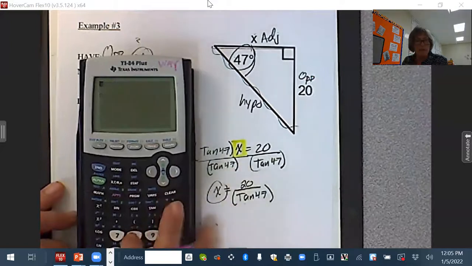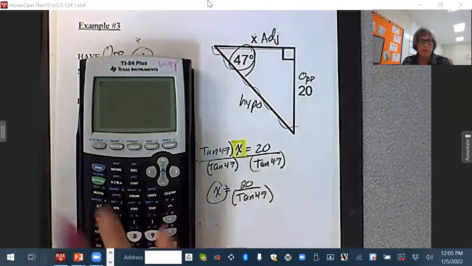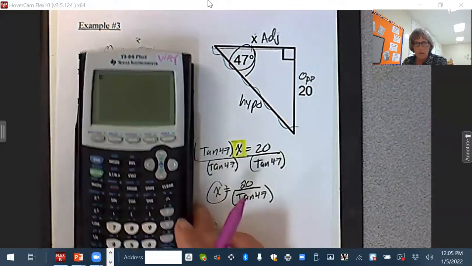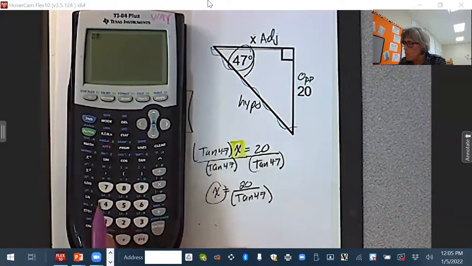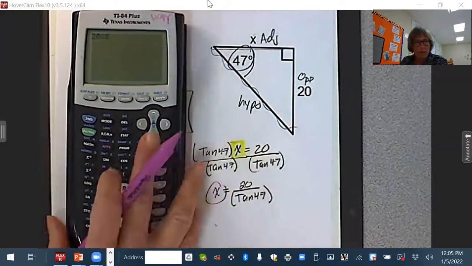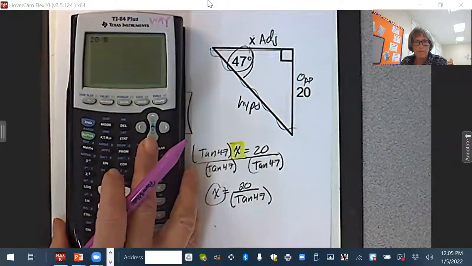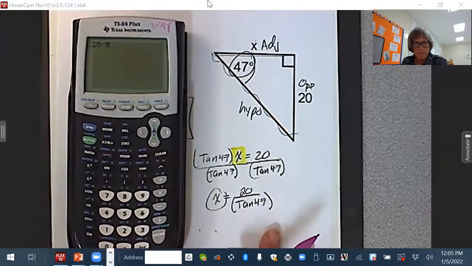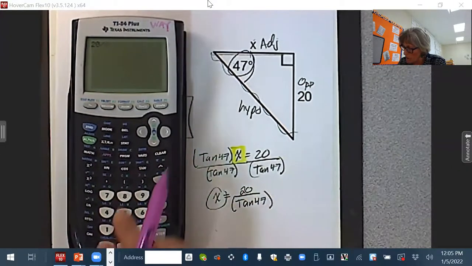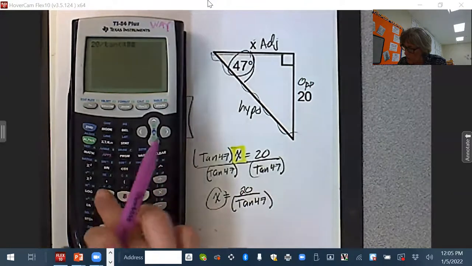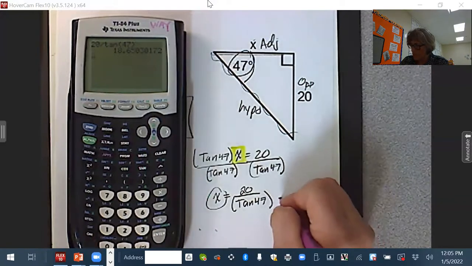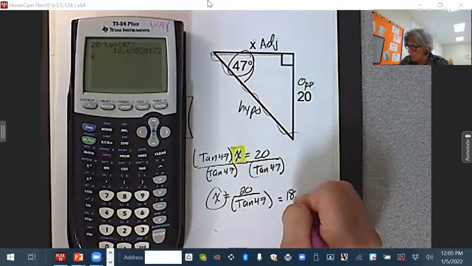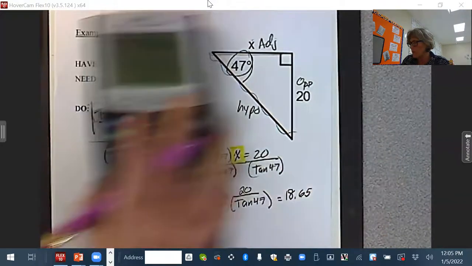Watch on a calculator. If you have this kind of calculator, you can follow with me now. So I first do 20 divided by tan of 47. So I go tangent 47, parentheses, enter. There it is. X equals 18.65.